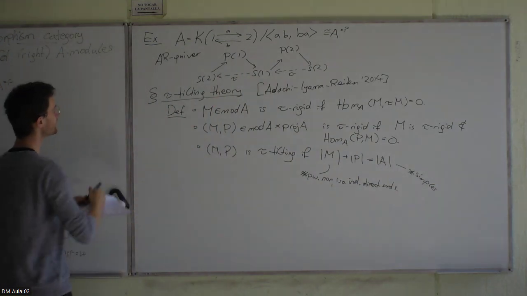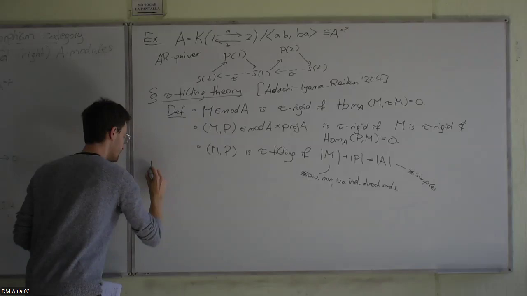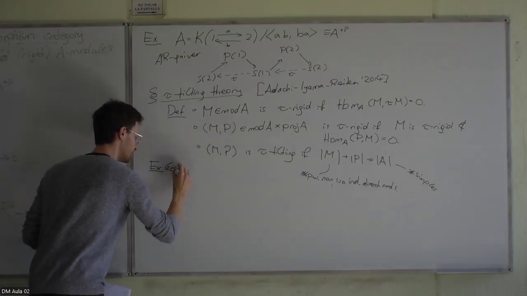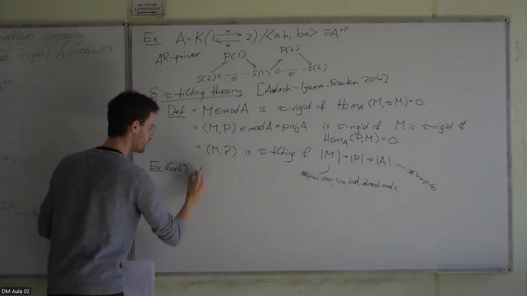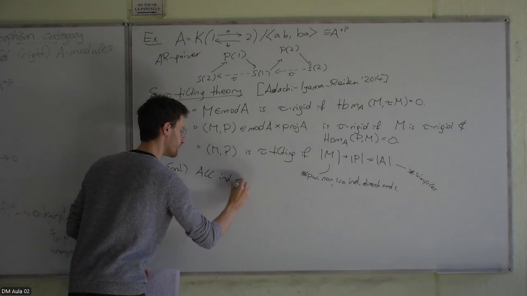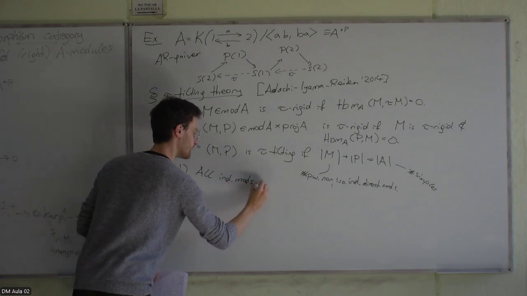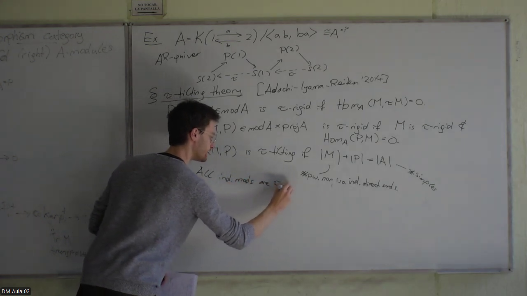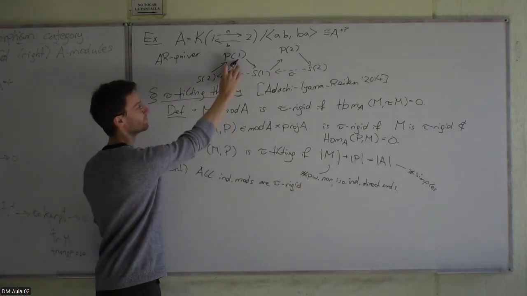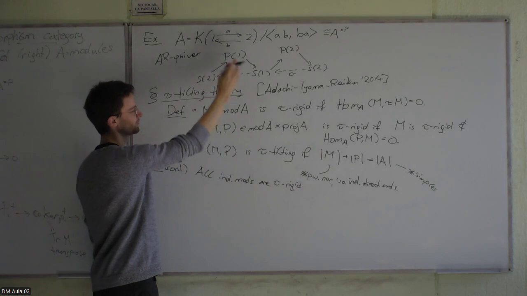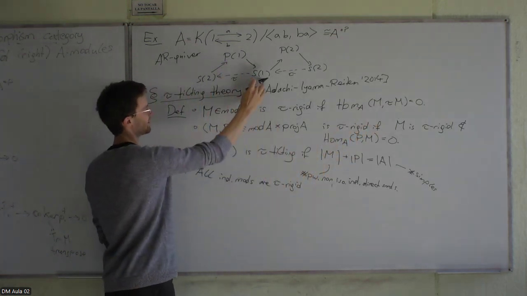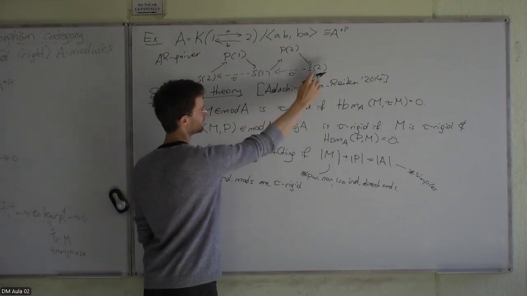So in this continued example above, all indecomposable modules are tau rigid, which we see from the fact that the Auslander-Reiten translation is 0, so clearly there are no non-zero maps, and S1 doesn't have a map to S2.